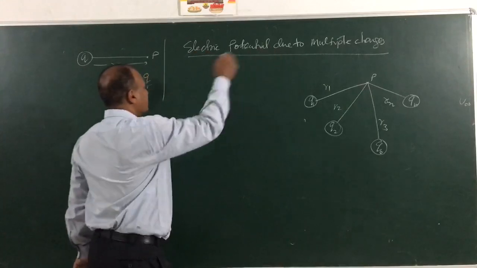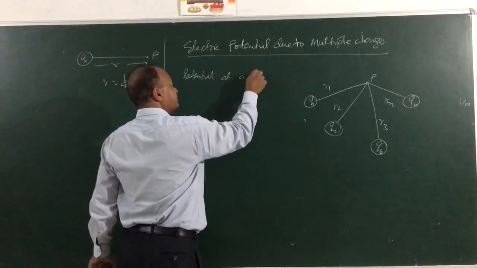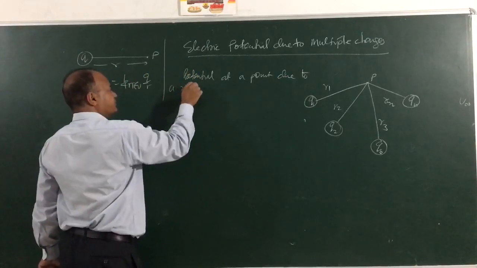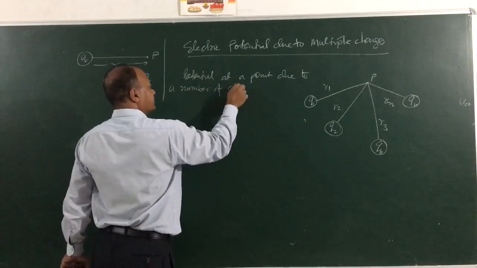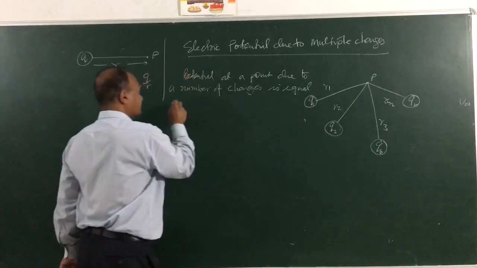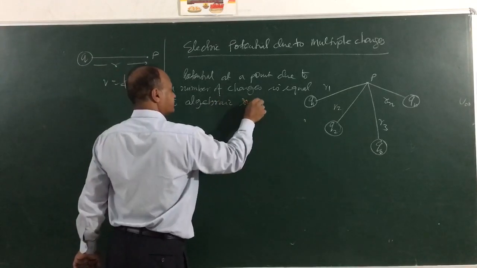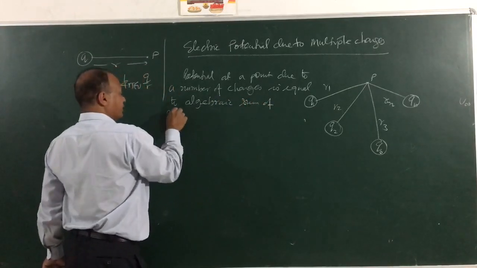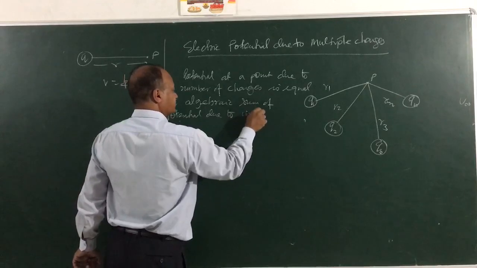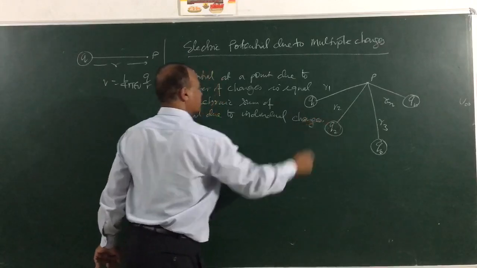Then the law says that potential at a point due to a number of charges is equal to the algebraic sum of potential due to individual charges.